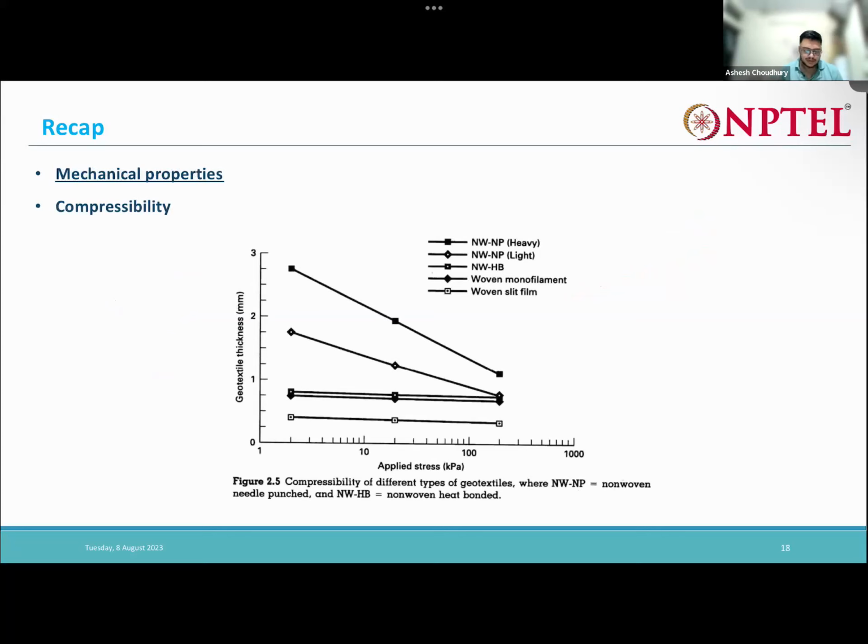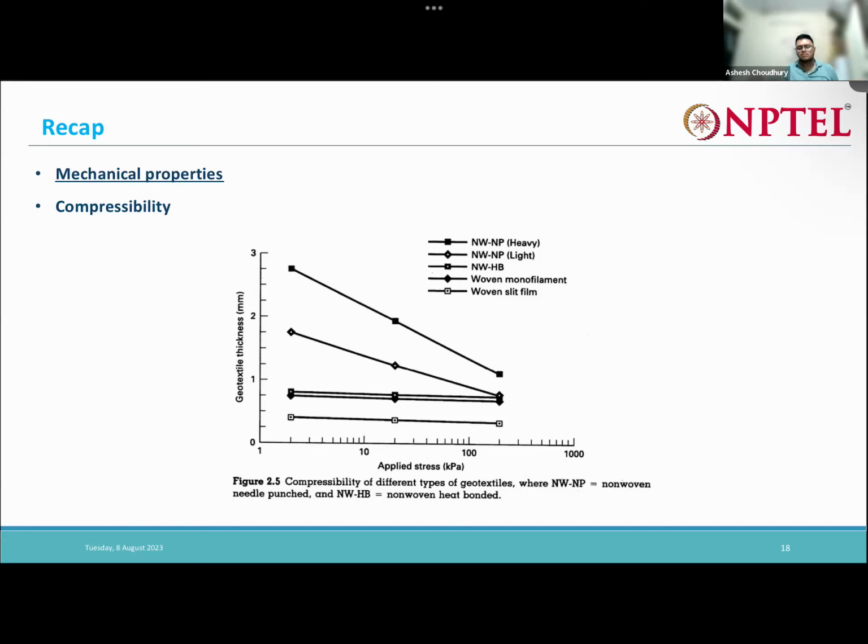Then we have the mechanical properties or the strength properties. First we have compressibility. Compressibility is nothing but how much the thickness of the geotextile changes with the increase in applied stress. You can see for non-woven, if you remember the image of the non-woven, like coir geosynthetic, those things are generally non-woven.